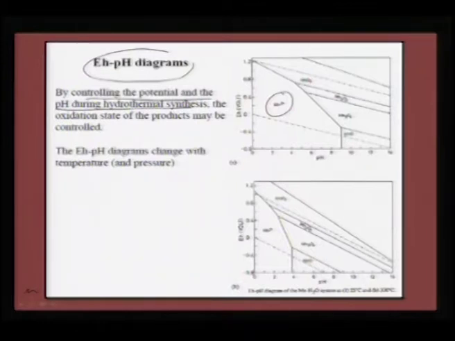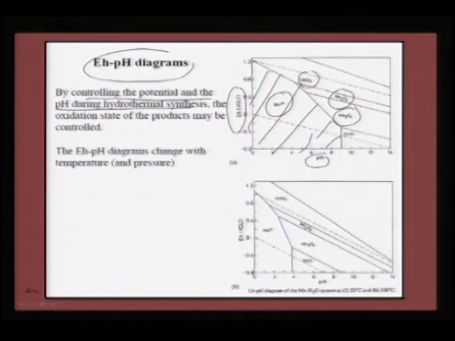For example, in the Eh versus pH diagram here, you can clearly see that if you are planning to stabilize manganese in 2+, then we need to change the potential of the reaction mixture as well as the pH within this range, and beyond this we can encounter many other phases. For example, this is MnO2 in +4 and Mn2O3 in +3, Mn3O4 in 3 and 4 states. All these are possible when we go to very high pH.